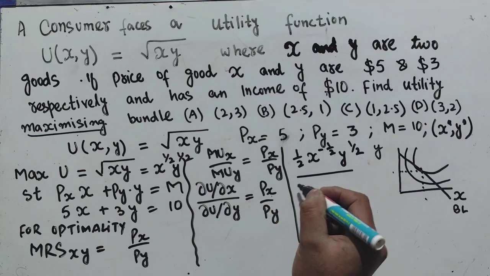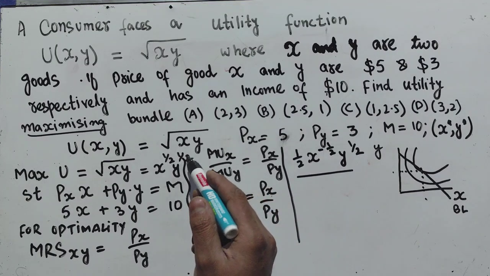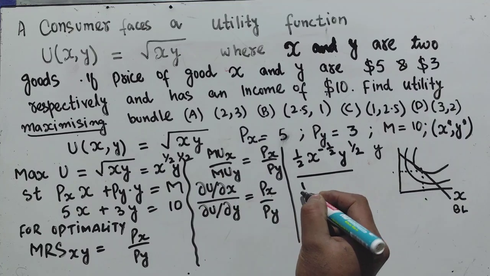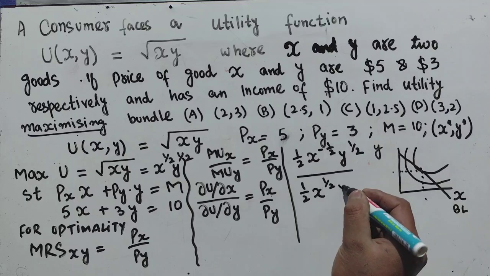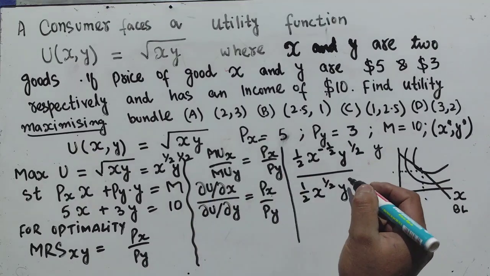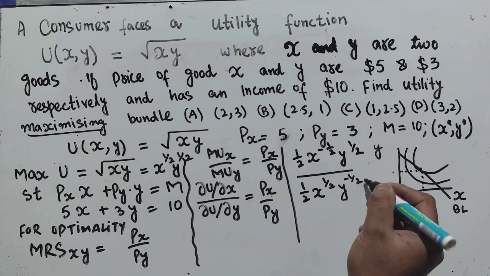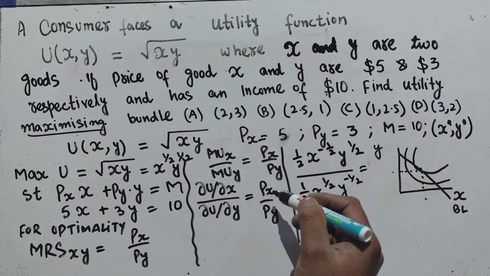Symmetrically, here the exponent becomes the coefficient of y, so we have 1 upon 2, x raised to the power 1 upon 2 will remain the same, but the exponent of y will be subtracted by 1, so we get minus 1 upon 2, which should be equal to the ratio of the prices.